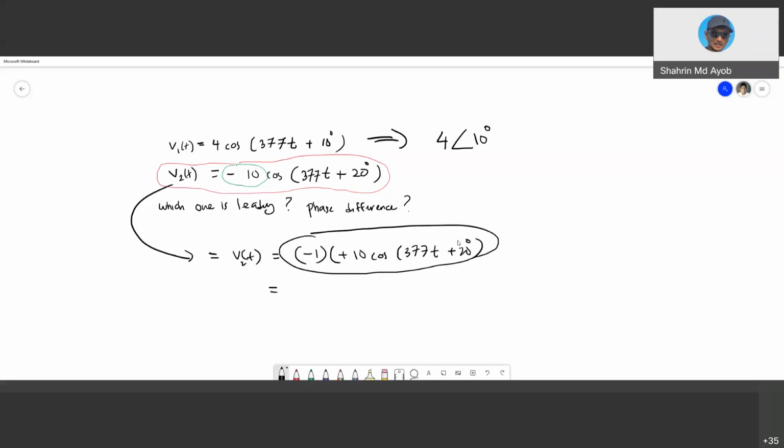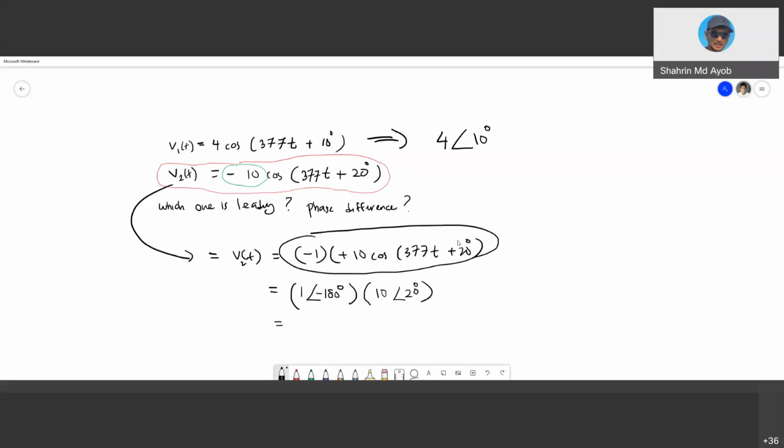In our previous class, which was yesterday, negative 1, if you convert into a phasor, becomes 1 with an angle of negative 180 degrees. Is it correct? And this one is 10 with an angle of 20 degrees.